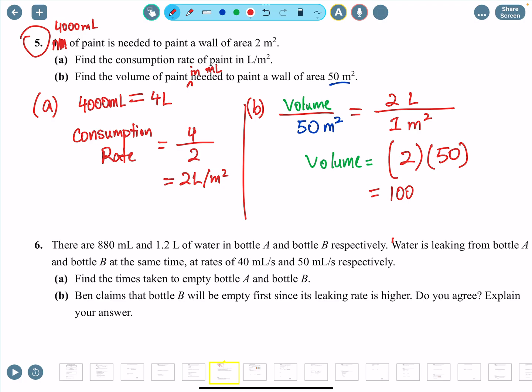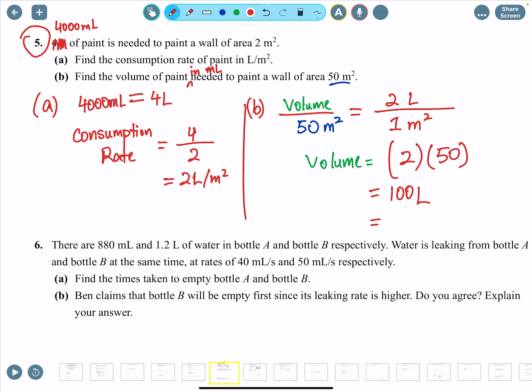Now this one, be very careful. My question is, what unit is this 100? Apparently, if it's liters on the top, then this should be liters, okay? But the question's asking you to find the volume of the paint in ml.